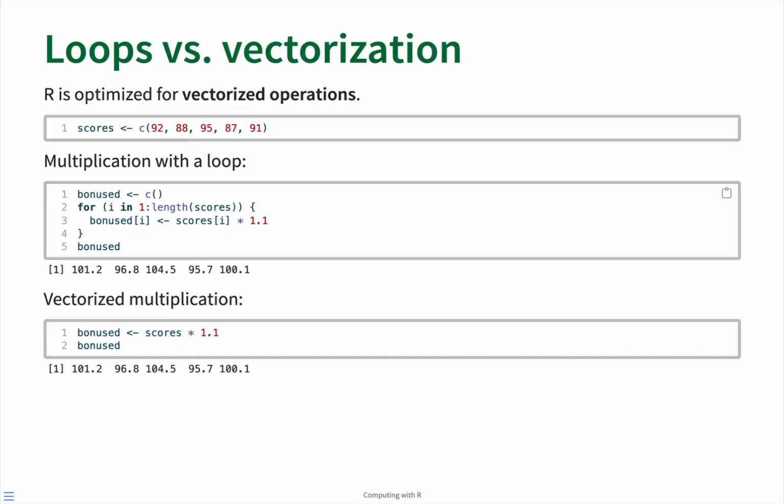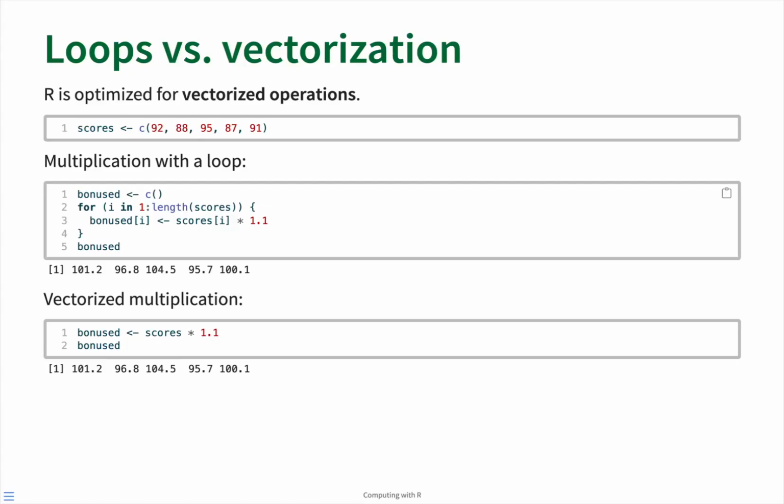So loops are very useful, but you should also be aware that you don't always want to use them in R. R will actually run a lot faster when conducting operations on a vector if you can use a vectorized version of that operation. What I mean by this is that essentially you would pass the vector to a function that does that operation.